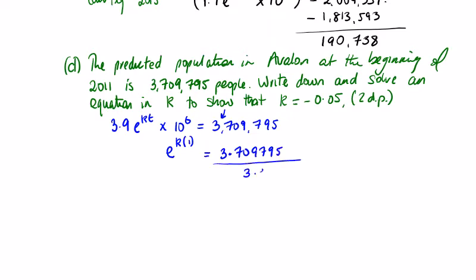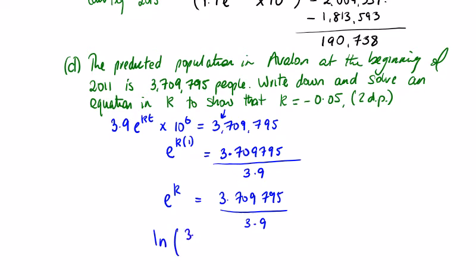divided by 3.9. Now we could use log or natural log here, so I'll do the natural log first. The natural log of the right hand side, e to the power of k is equal to 3.709795 over 3.9. So the natural log of that right hand side would have to be equal to k.